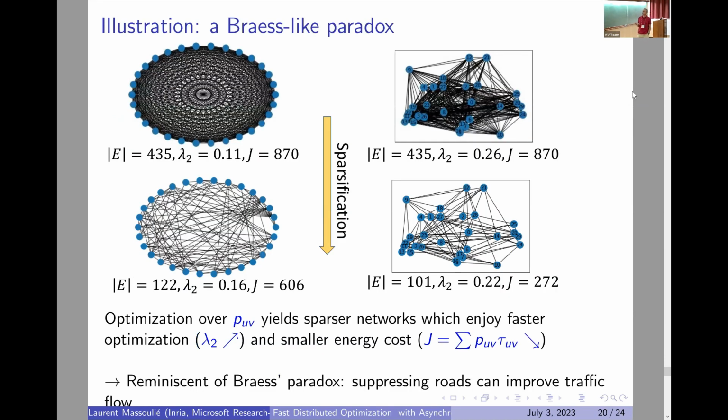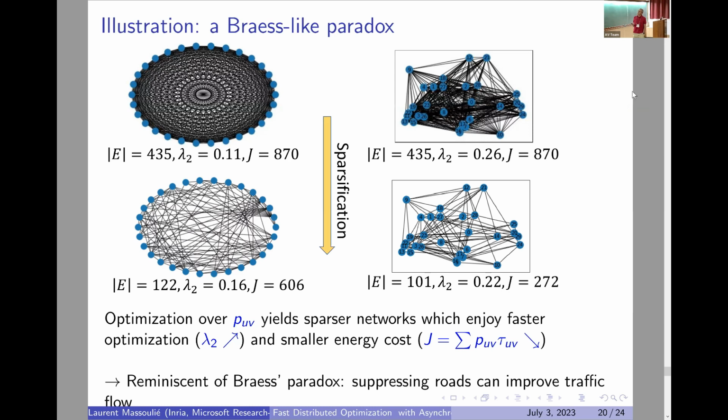So we started with networks on the left. This is a complete network with random delays. And I'm focusing on network averaging, so there's no fancy computation involved. What I track here is the number of edges, the lambda2 capturing the speed of convergence, and then this energy cost, which I'm taking given by the sum of delays times the frequency of activation.